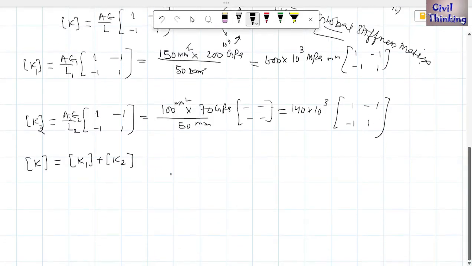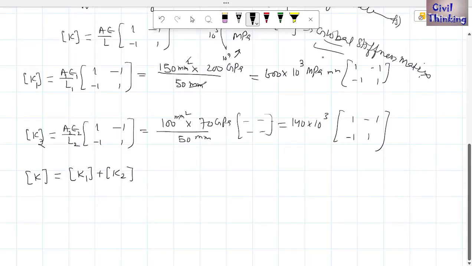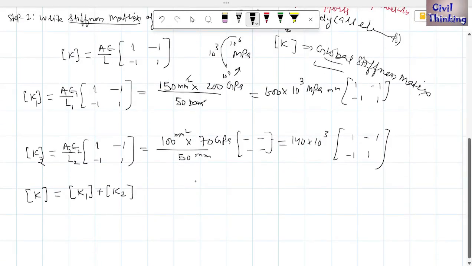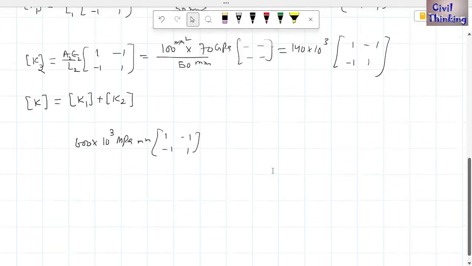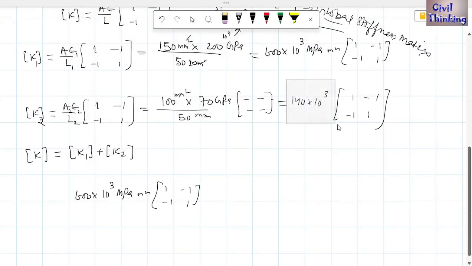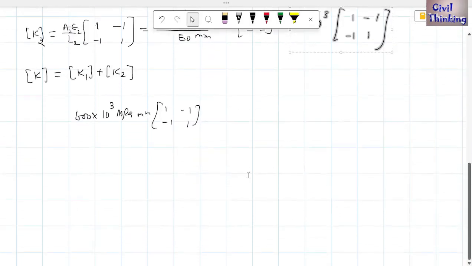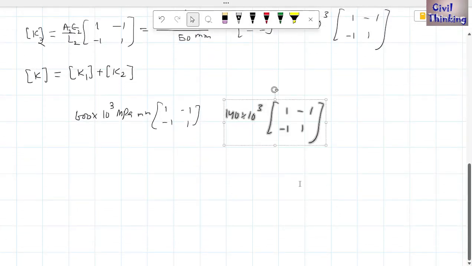Now, so we got, this is our K1, all of this, and this is our K2, so we have to write. Okay, so let me just fetch each of the K1 and K2. Okay, this is K1, then we have K2. Okay, so here the K is plus this.